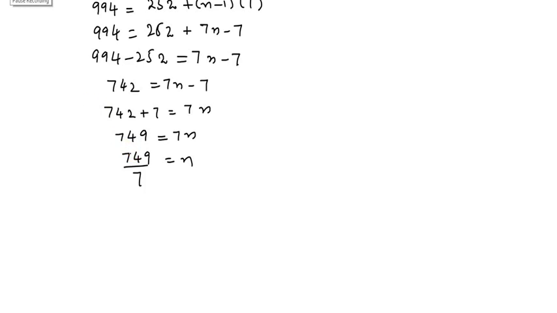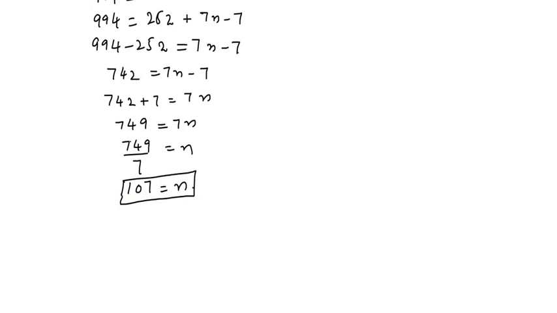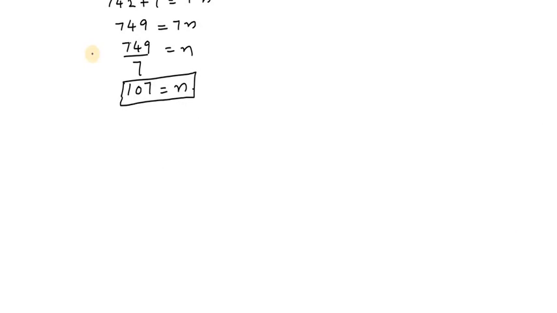So here the number of terms is 107. N is 107. Now we have to find the sum of the n terms, Sn. The formula of the sum of the n terms is equal to n upon 2 times twice of a plus n minus 1 of d.